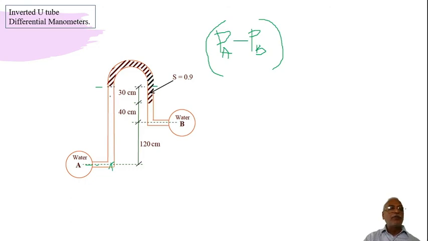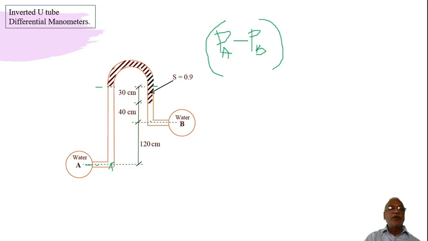Then I go up, I'll put minus sign, gamma of water multiplied by this whole distance. How much is the distance? 1.2 plus 0.4 plus 0.3. So it is 1.9 meters. Okay, gamma of water into 1.9 meters, you arrive at PQ. Now PQ dashed will be, with the same argument, PB.